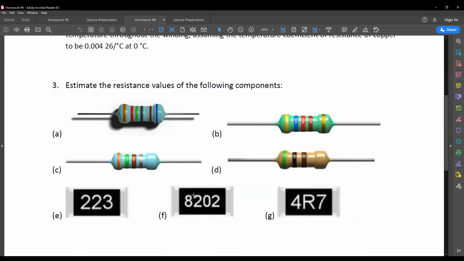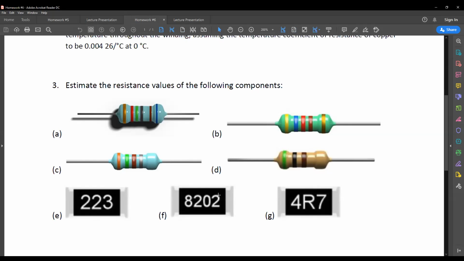No. And of course, if you have codes like this in surface-mounted devices, what we said last time is that the 3-number code is exactly the same as the 3 bands in the resistors. So you have 22 times 10 to the power 3. That's it. If you have it like this, it's going to be 3 times 10 to the power 2.